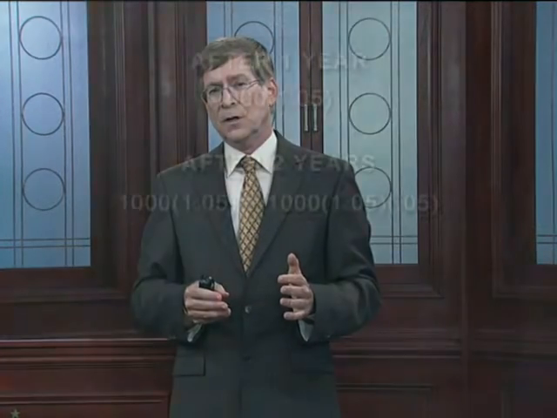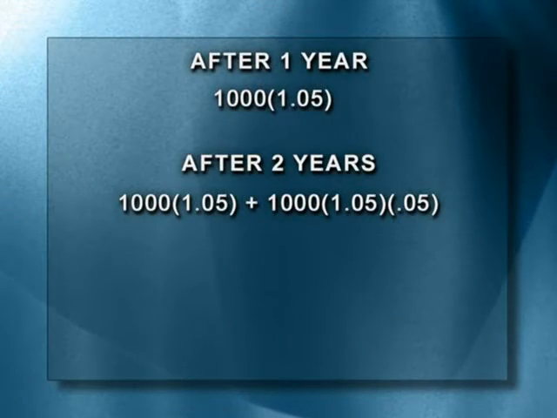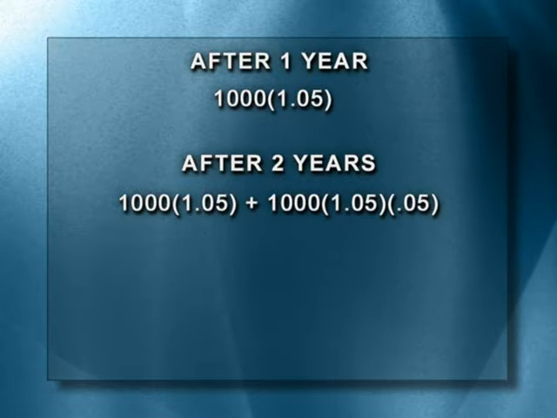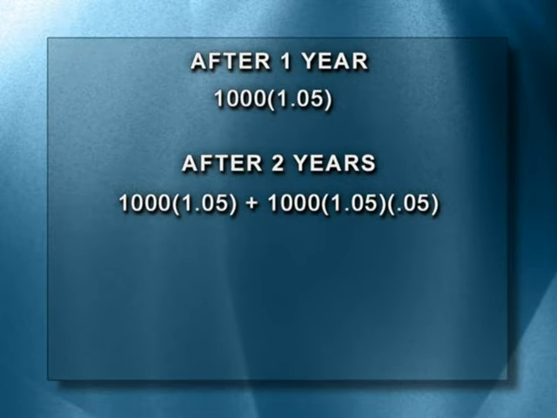That amount is sitting in the bank, and it earns interest. That new amount, the amount after 1 year, earns 5% interest. So after 2 years, I have the initial amount, 1,000 times 1.05, plus 5% of that amount. So it's 1,000 times 1.05 times 0.05.